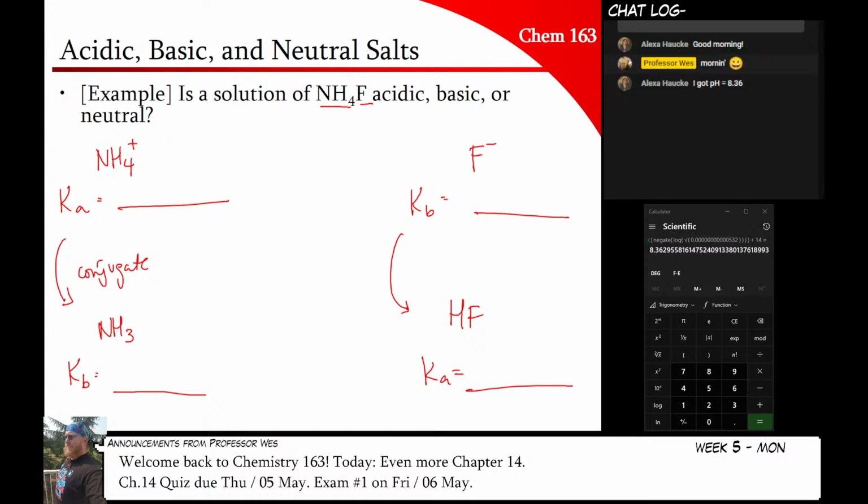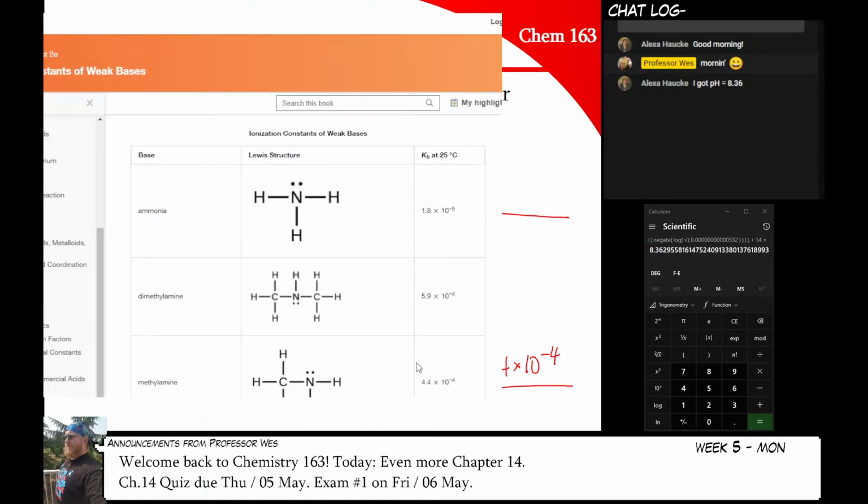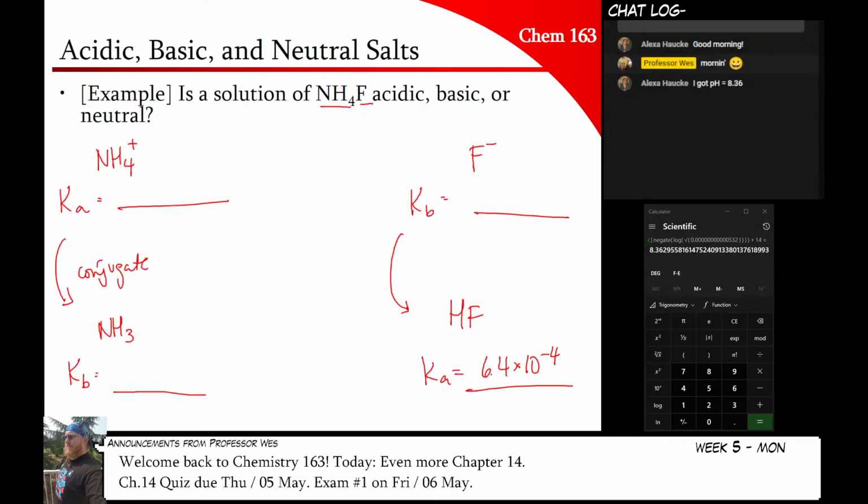So we'll write that down real quick. And then I need ammonia. And ammonia is a base, so that's going to be in Appendix I. And it's right there at the top. Ammonia's Kb is 1.8 times 10 to the minus 5. So hopefully you've already been familiar with how to look up these numbers on your own because you've been doing the homework.